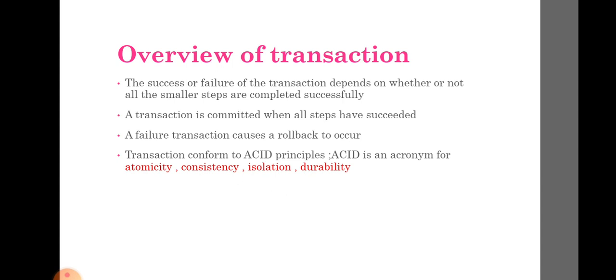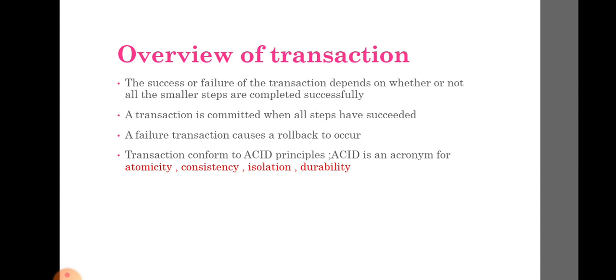If any one of these principles is not followed by an application, it will be a failure. So each and every application must satisfy all these four properties: atomicity, consistency, isolation, and durability.